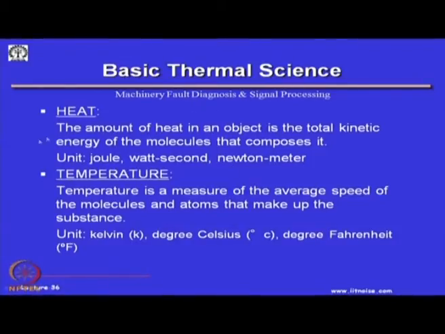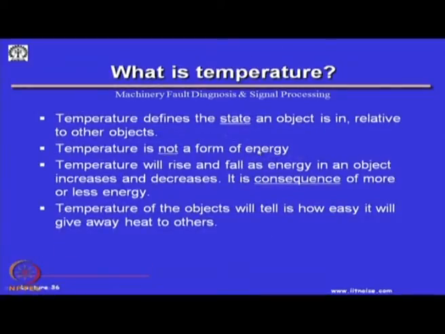These are basic textbook definitions: the amount of heat in an object is the total kinetic energy of the molecules that compose it, and the temperature is a measure of the average speed of the molecules and atoms that make up the substance. So, temperature defines the state an object is in relative to other objects.